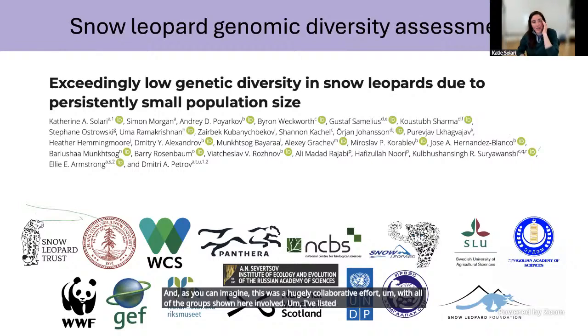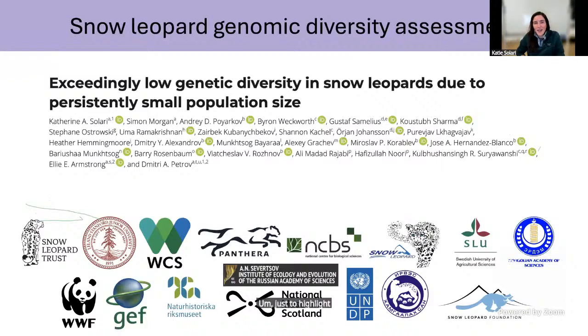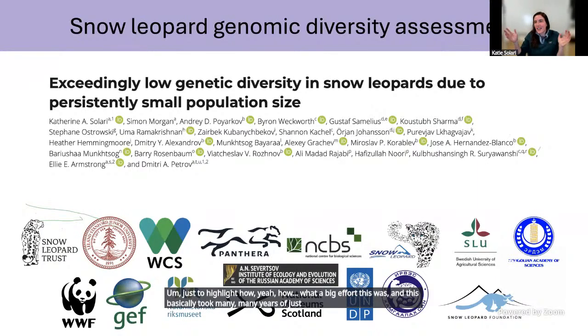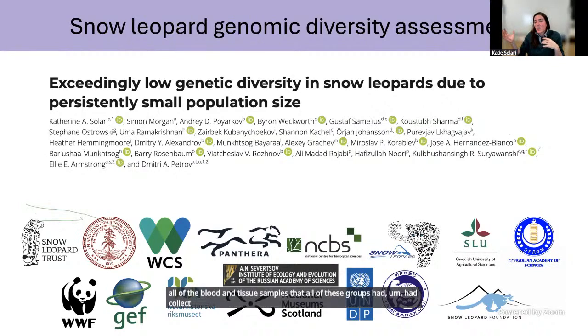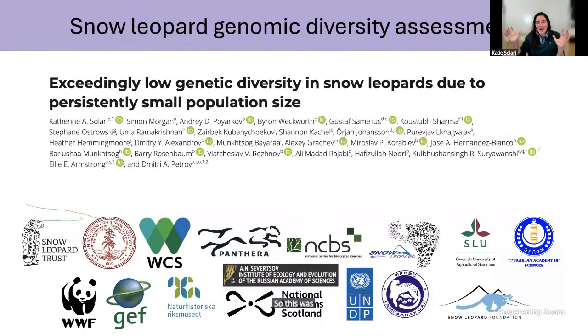I've listed here all of the co-authors on this work too, just to highlight what a big effort this was. And this basically took many, many years of just compiling all of the blood and tissue samples that all of these groups had collected over the last 20 years. So this was only possible by all of these groups coming together.